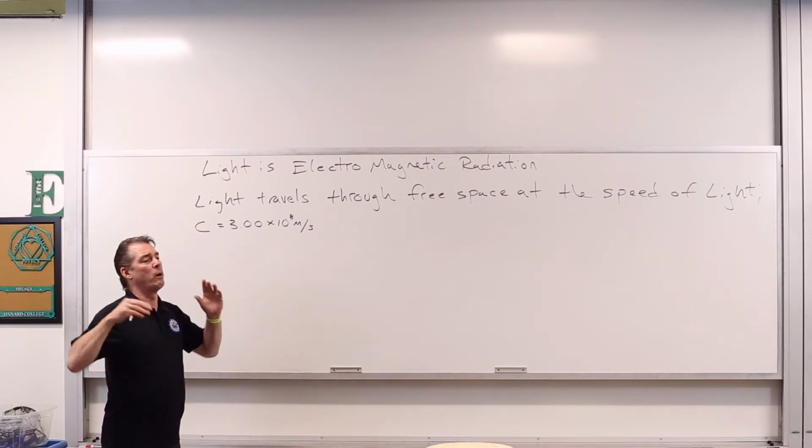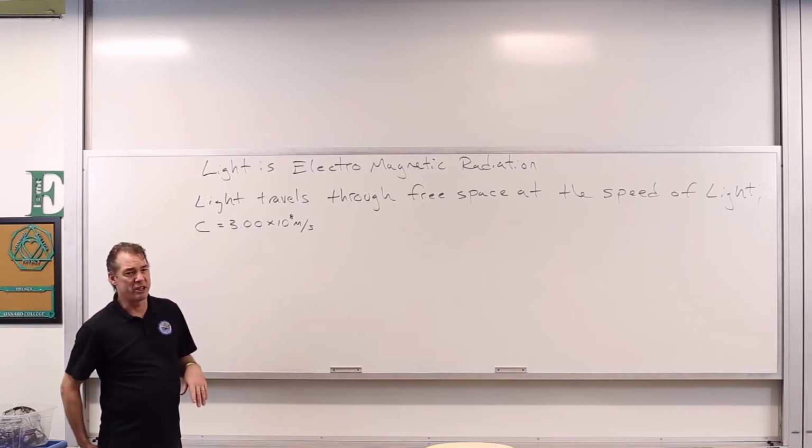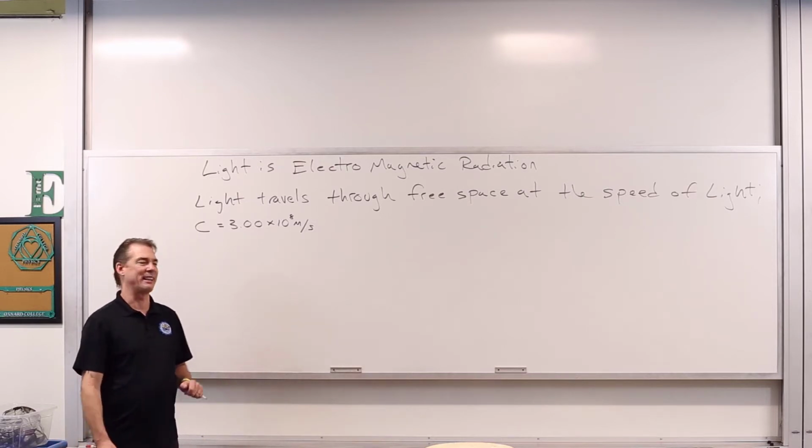So ultimately, we characterize light in terms of a category, and that boils down to what's the frequency of light, or what's the wavelength of light. Usually it's a little bit easier to talk about wavelengths of light because frequencies are very large numbers, like 10 to the 14th.